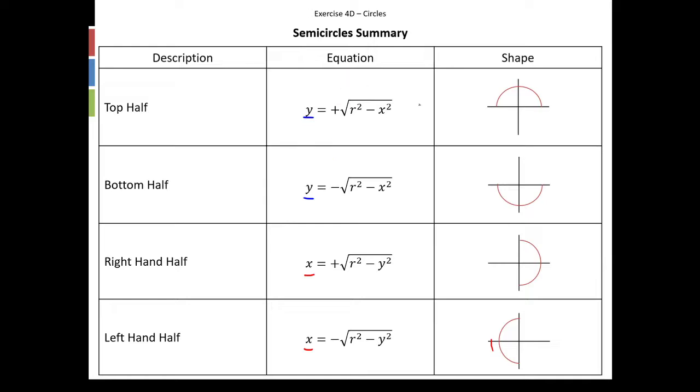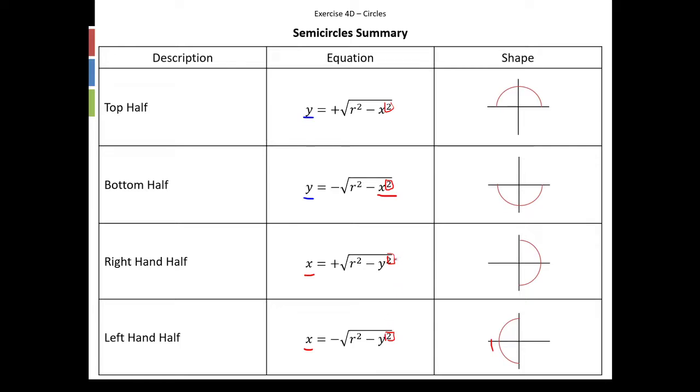Now all of these have a square root sign in them, and as I said before, it looks very much like a square root graph, what we've seen in general form. How do you know it's different? We have a squared term inside the square root.